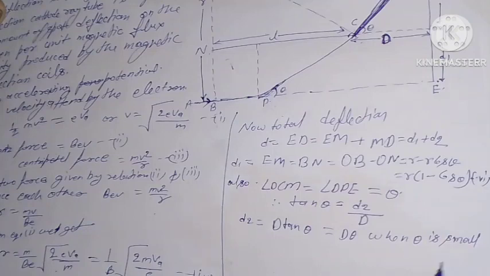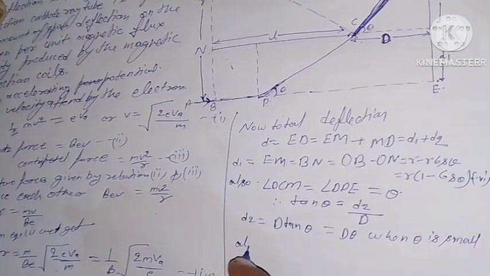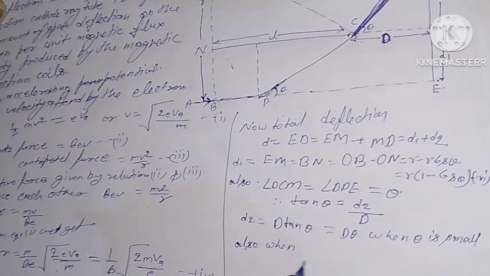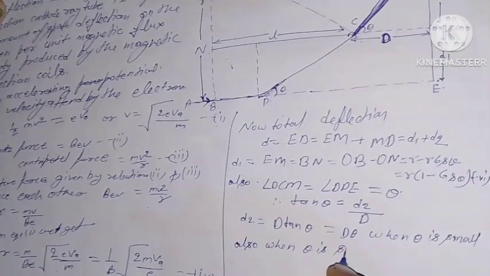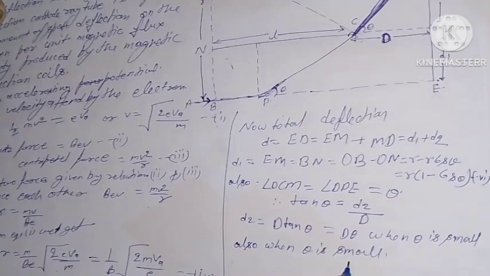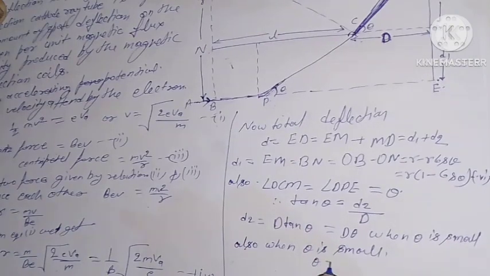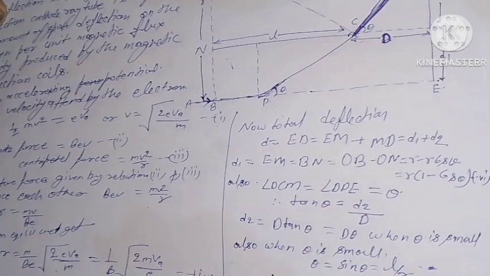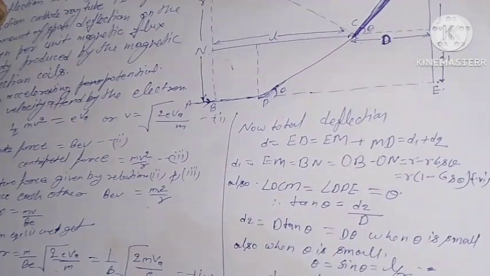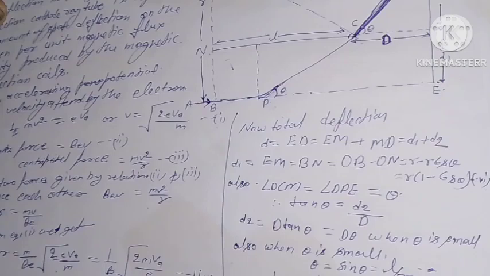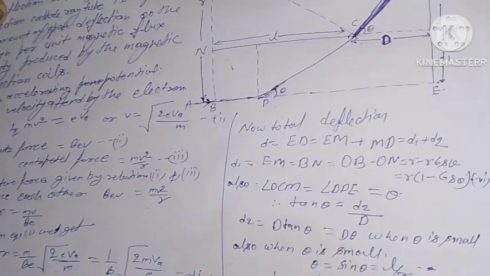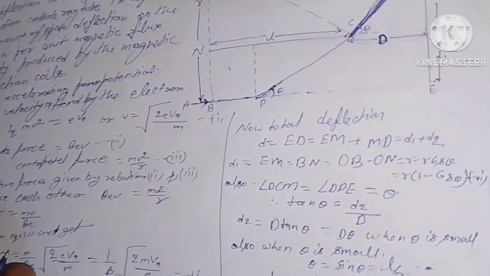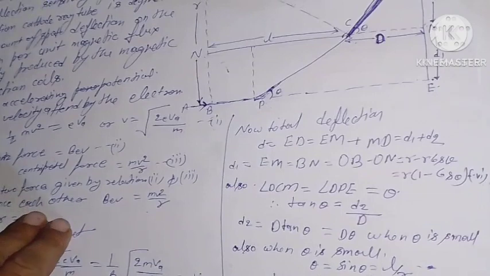Also when theta is small, theta equals sin theta equals L by R, and D2 equals D into L by R. That is equation number 7.